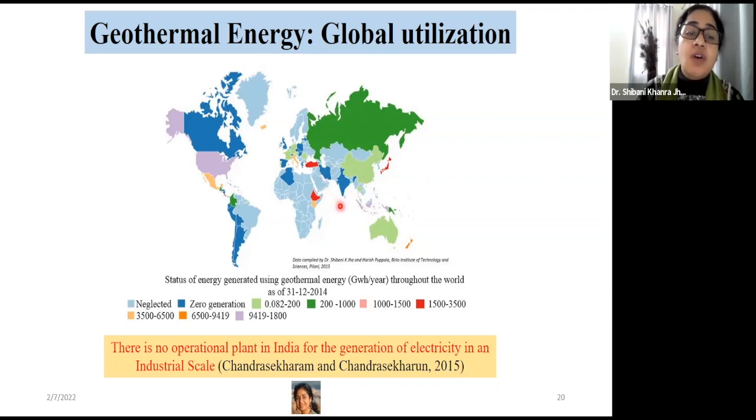However, it is not in any electricity or generation capacity zone. It is still in the zero generation zone. So India, for generation of electricity on an industrial scale, is not recognized for geothermal resources. So this has driven our study, on how to take this particular aspect as a future prospect.